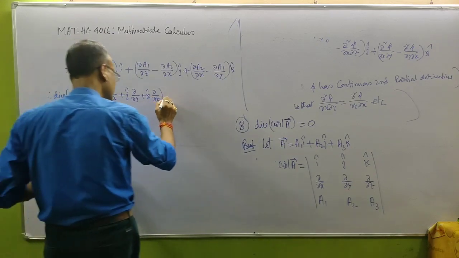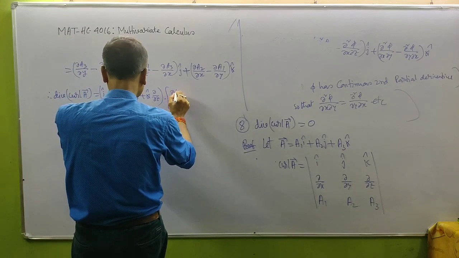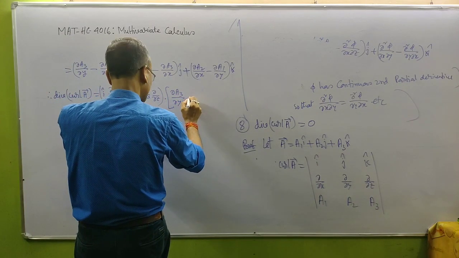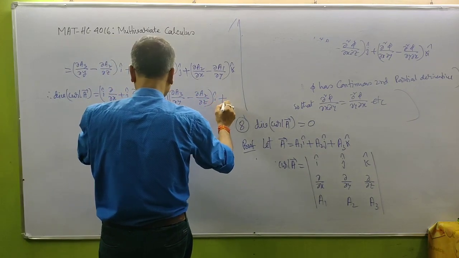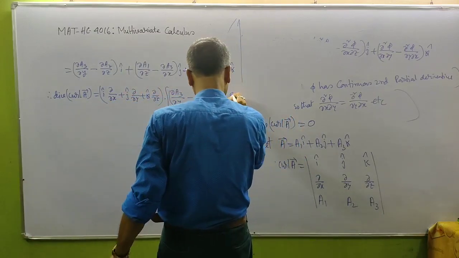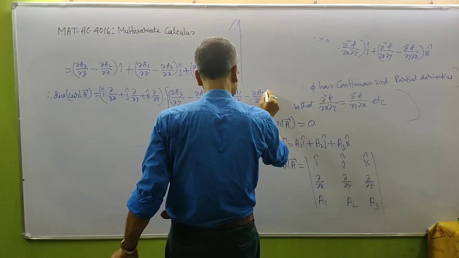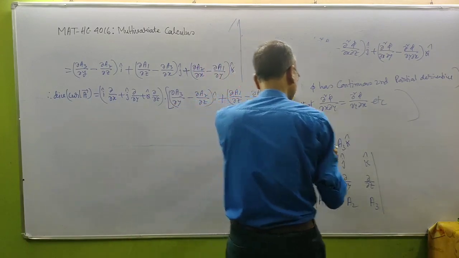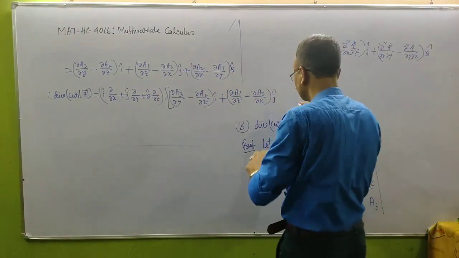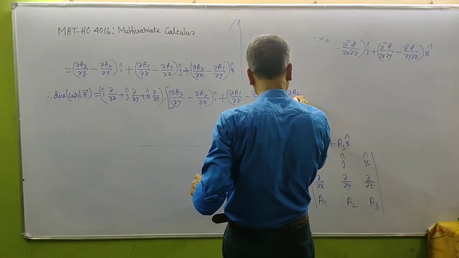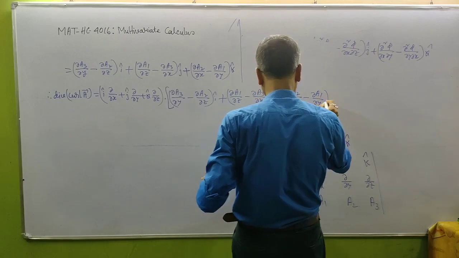Divergence means you have to put a dot product with this one: (∂A3/∂y − ∂A2/∂z) i cap plus (∂A1/∂z − ∂A3/∂x) j cap plus (∂A2/∂x − ∂A1/∂y) k cap.